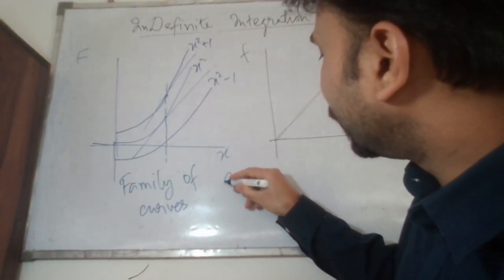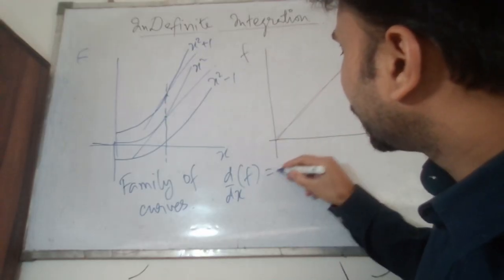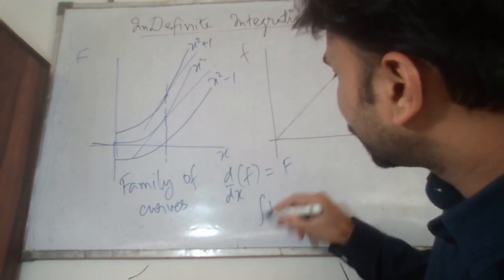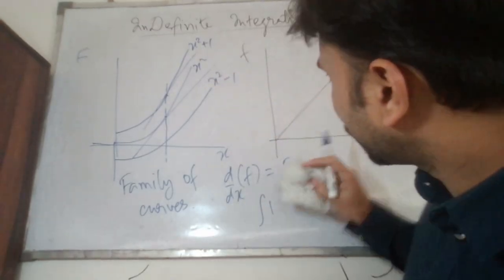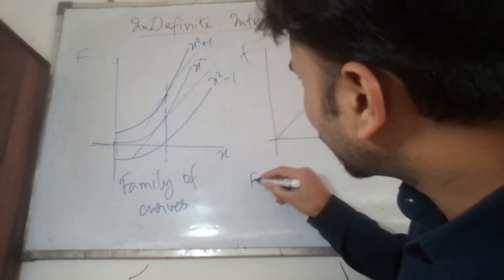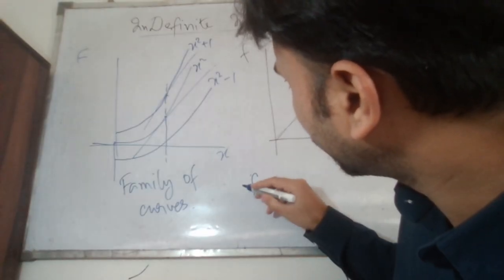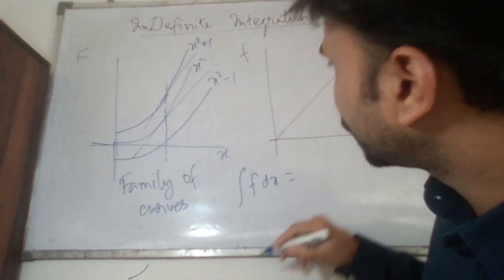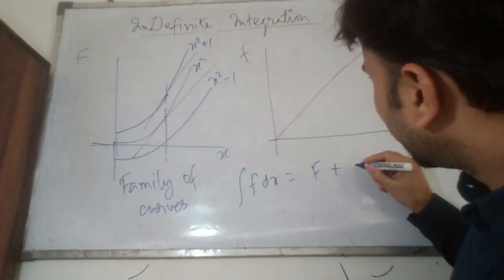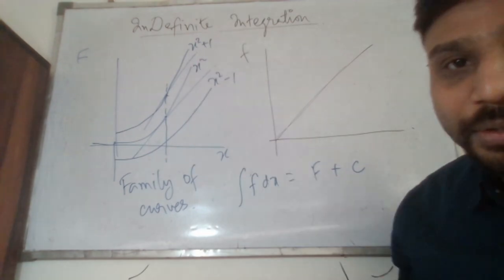We write that if differentiation of this small f curve gives me capital F, then the integration of this small f curve with respect to dx will give me this function capital F along with a whole lot of curves which are called a family of curves.